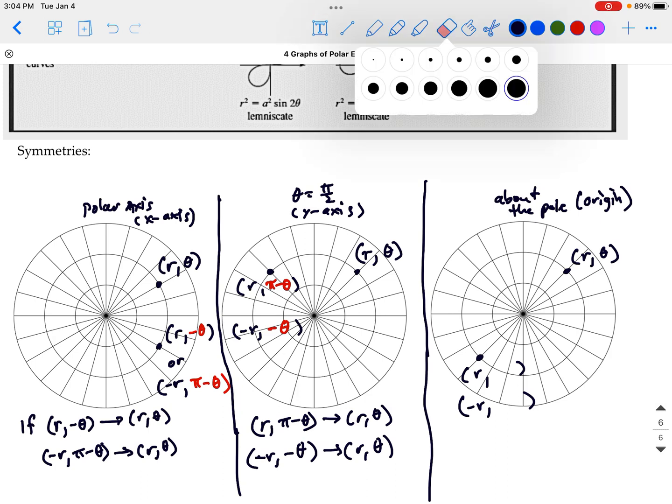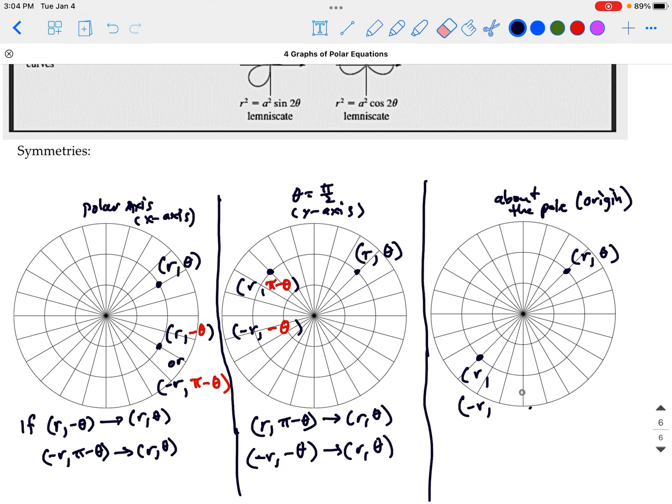And then if we're about the pole, if I measure out r, I can go in reverse here, so this would be negative, or I could go in the positive direction. So we're going to go in the positive direction. We're going to go pi plus theta. That's going to be pi plus theta.